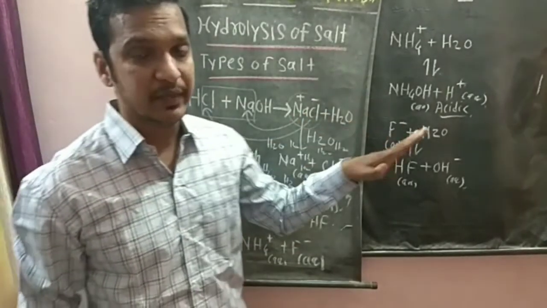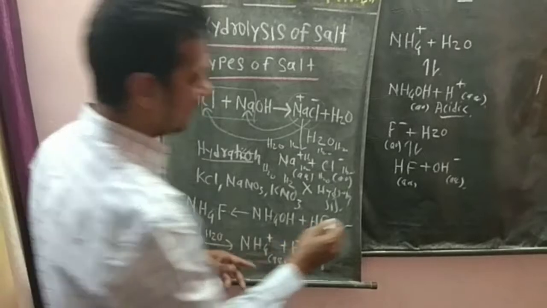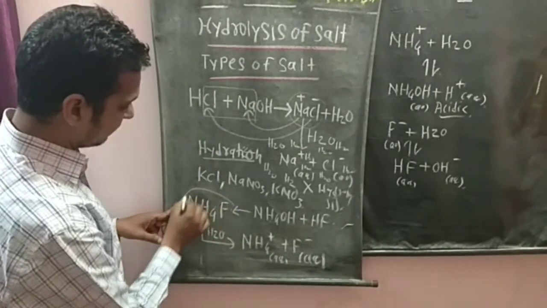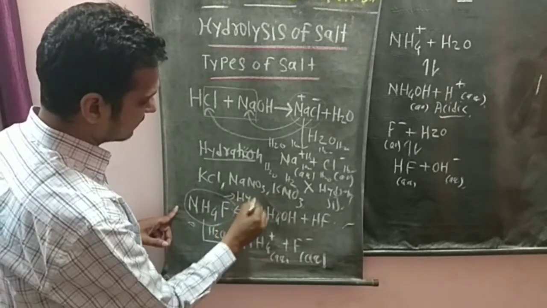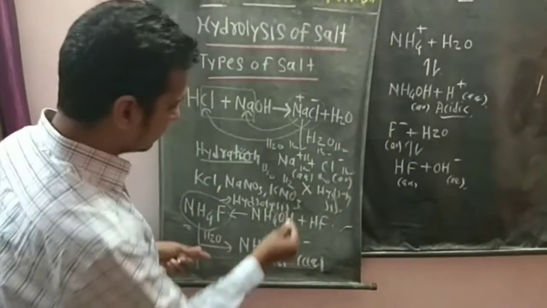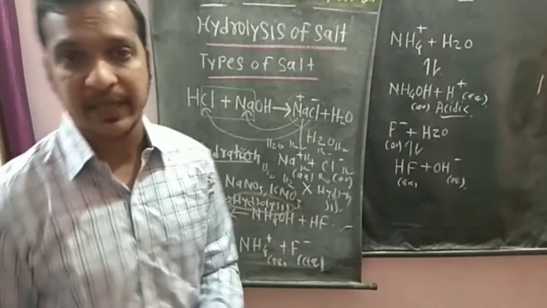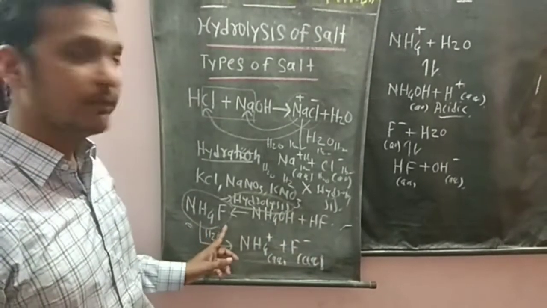So in that case we can say that this is hydrolysis of salt. Here NH4F undergoes hydrolysis of salt; the best example is ammonium fluoride.